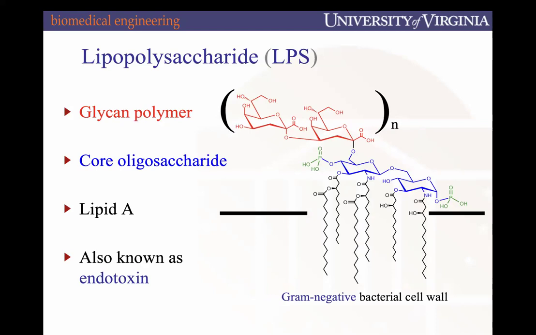It's basically a combination of a lipid tail with a core oligosaccharide. And this is a really potent activator of different innate immune cells. Sometimes the smallest amount can trigger a really strong inflammatory response. So this is going to be a key factor to remember, and this is oftentimes associated with binding TLR4.